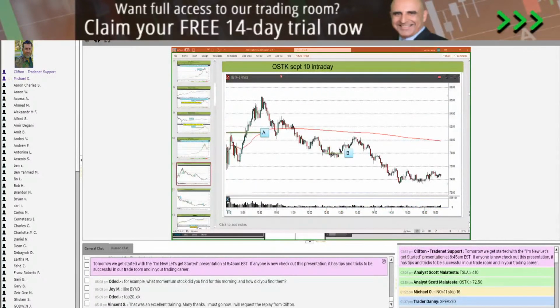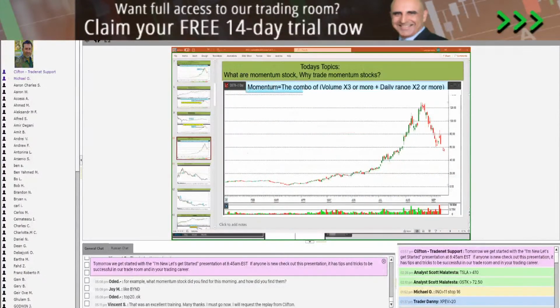Now let's take a look at two more examples, and then we move further. OSTK, September 10. This is the last two trading days, Friday and Thursday, not today. You can see a reverse hammer on Thursday and a big leg down on Friday on OSTK.